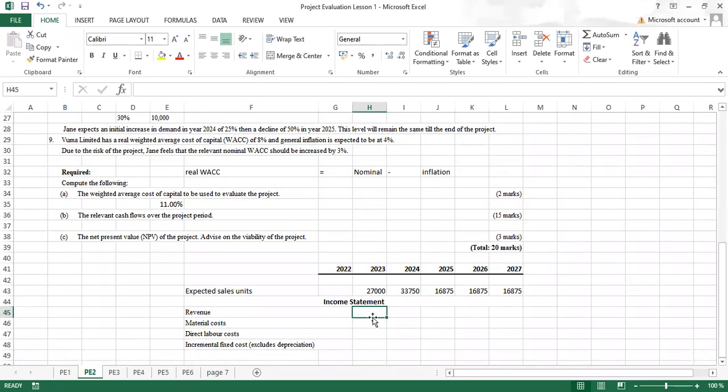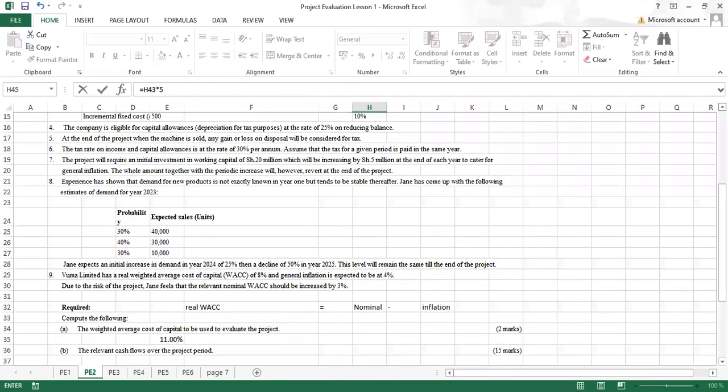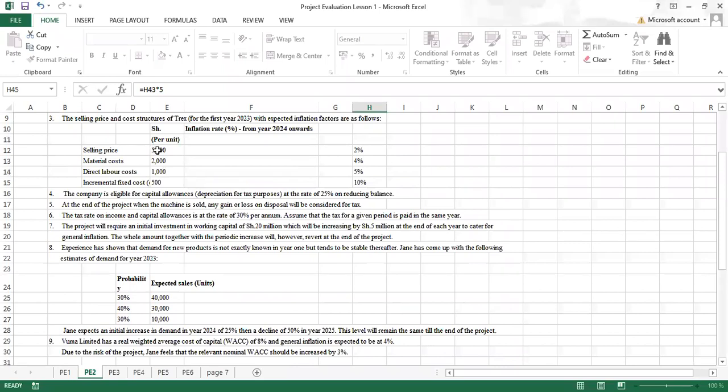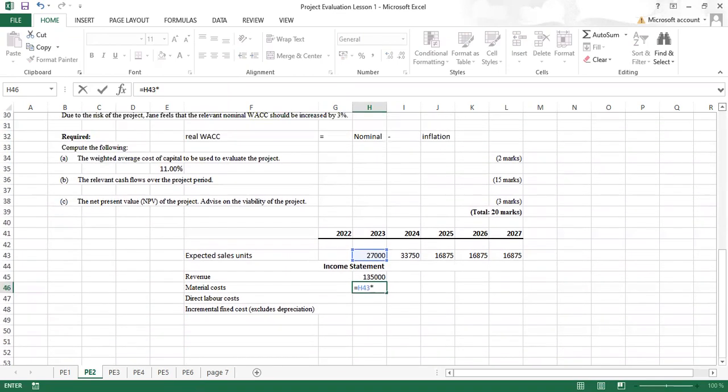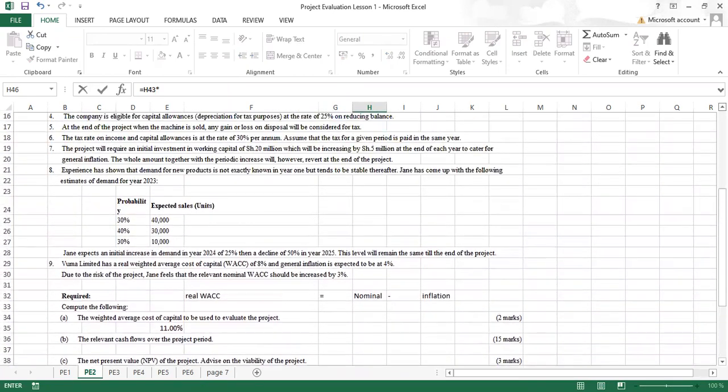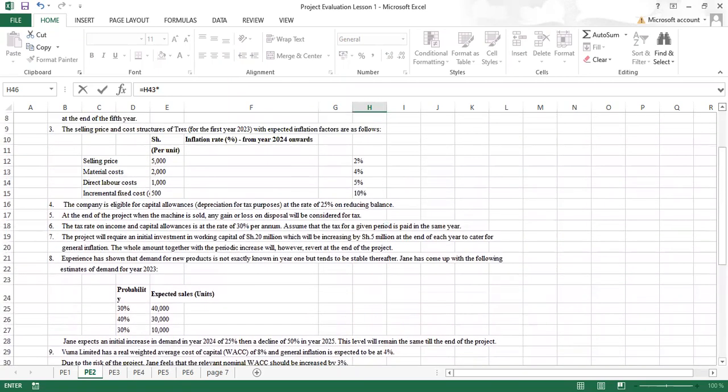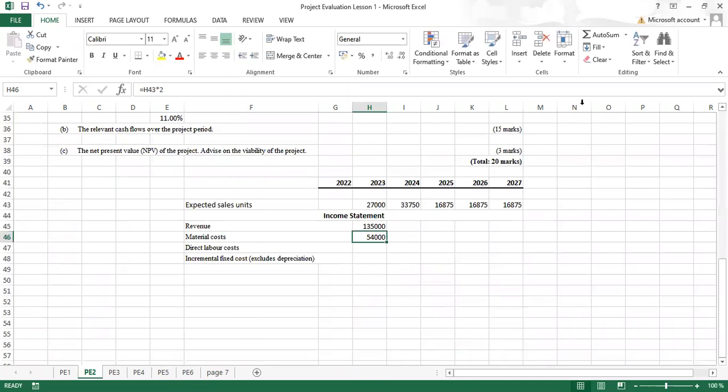You can write somewhere there, in thousands. So revenue equals our units times 5, the selling price. Control enter, control backspace to jump to the active cell. Material cost equals the units times 2, control enter, control backspace.